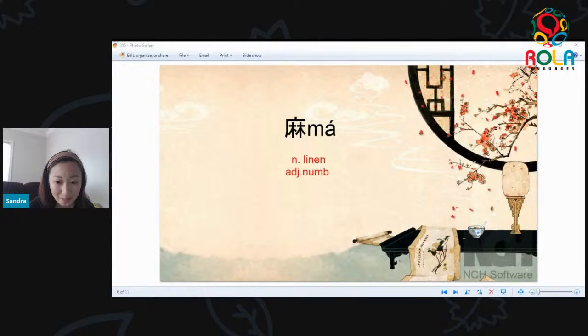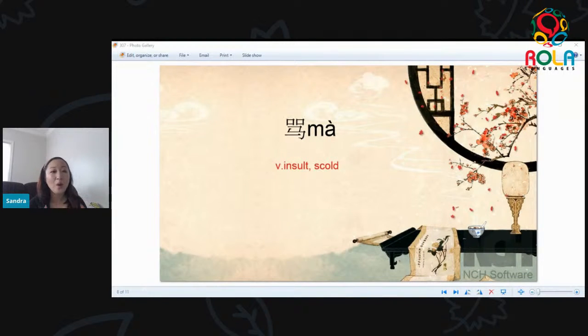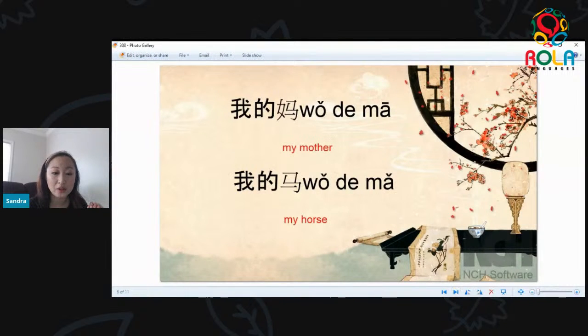Okay, next up, we see ma. It's the falling rising tone. Ma means horse. It's also a noun. Next up, we have ma, the falling tone. It's a verb. It means insult or scold or criticize. Okay, so now we can see why sometimes the tones are actually pretty important as to what meaning a word carries. I'll give you an example.